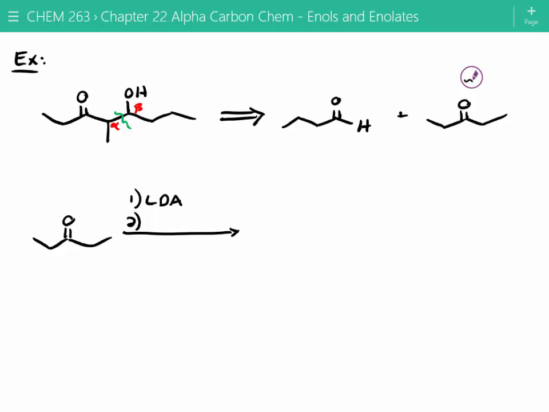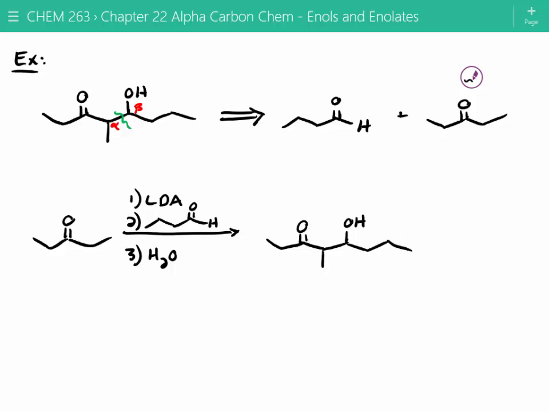So in this case, once we have our enolate, we can just throw in our next aldehyde, which the enolate will add into. And then in the last step, we can add water. So in this case, we're not doing this under high temperature conditions. So we'll end up with a beta hydroxy ketone.